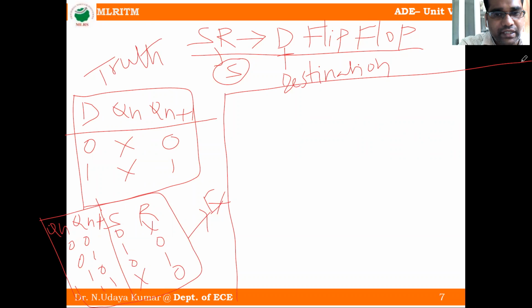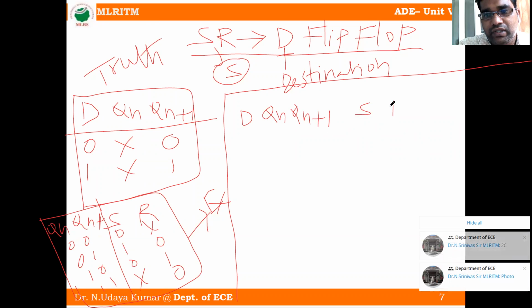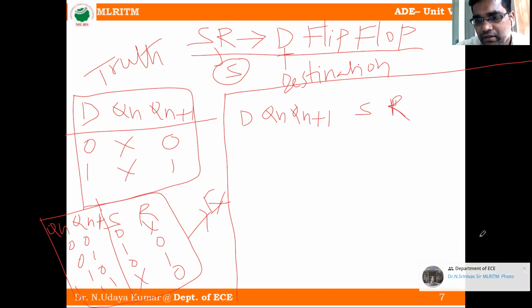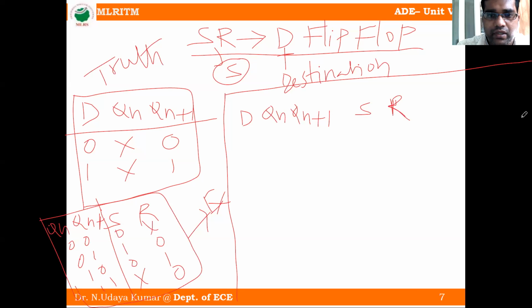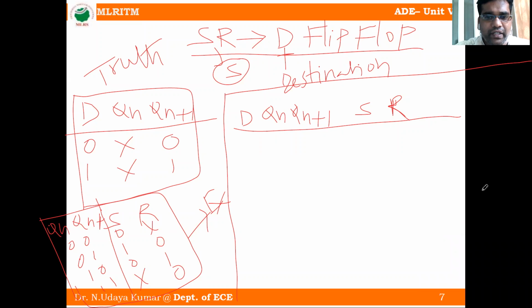I will write here D, Qn plus 1, then S and R. We extend the D flip-flop table: here D is 0, and in the place of don't care we write either 0 or 1, so the same 0 comes here, then 1. Then how do we get the next state? Qn plus 1 is the next state.